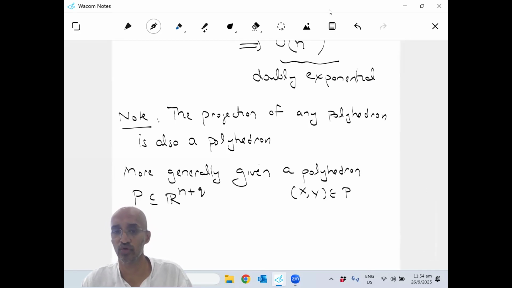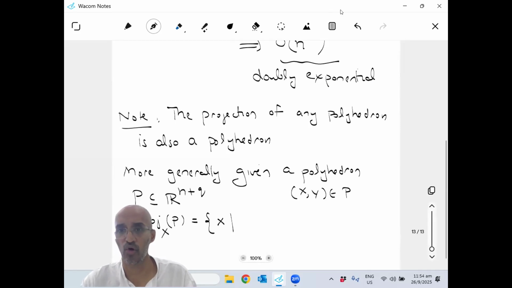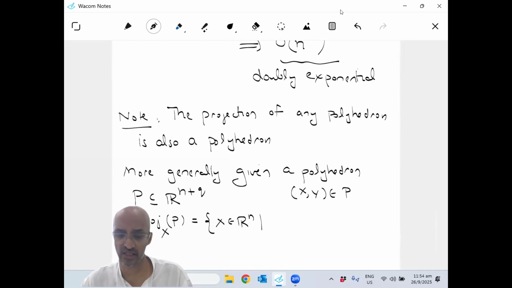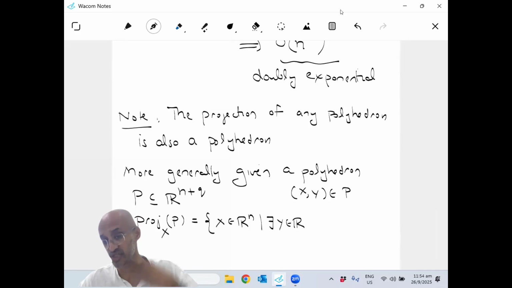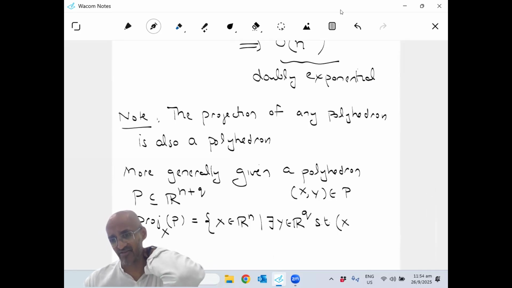The projection of P onto the x variables is the set of all x in R^n such that there exists y such that (x, y) lies in P. I'm just defining a more general projection. This is a useful definition to know.